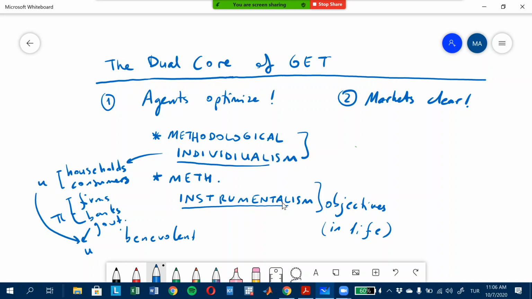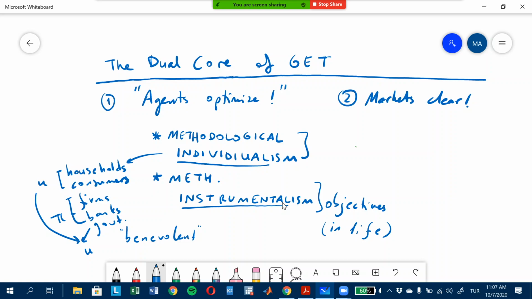So methodological individualism and methodological instrumentalism are key philosophical or methodological foundations behind the view that agents optimize. We're going to create these agents, endow them with objective functions, and let them optimize their decisions for meeting these objectives: utility maximization, profit maximization, or cost minimization.